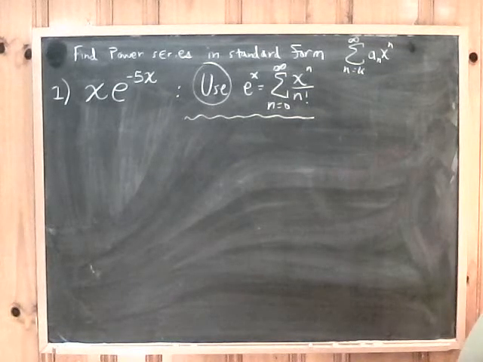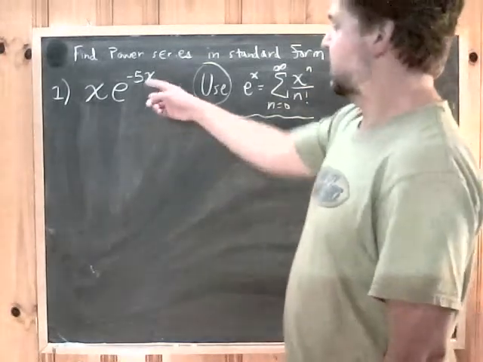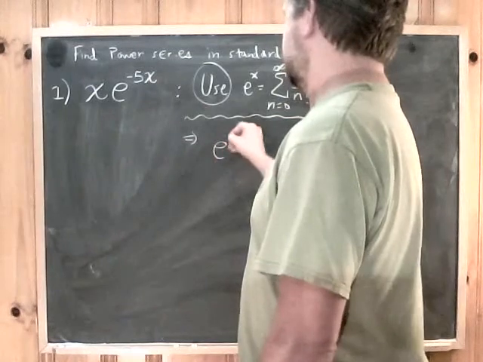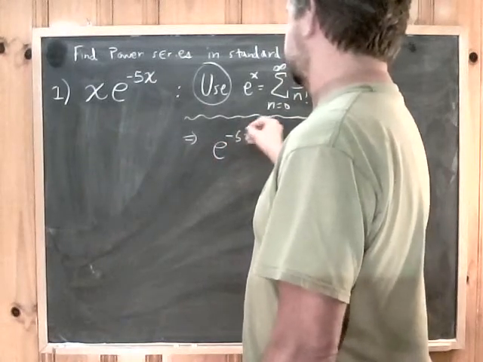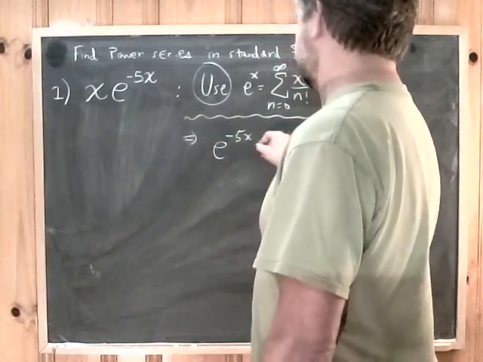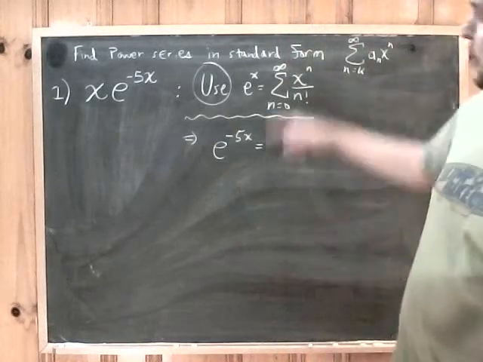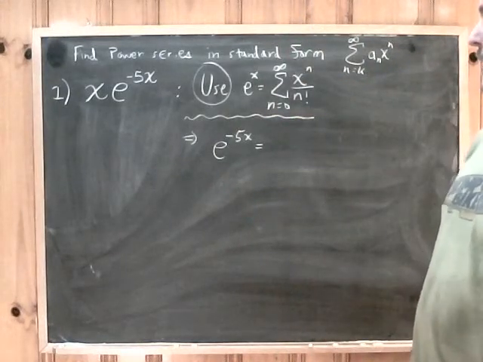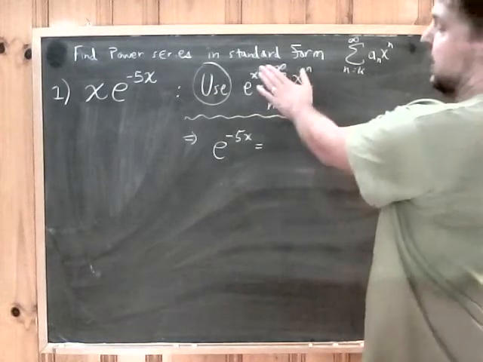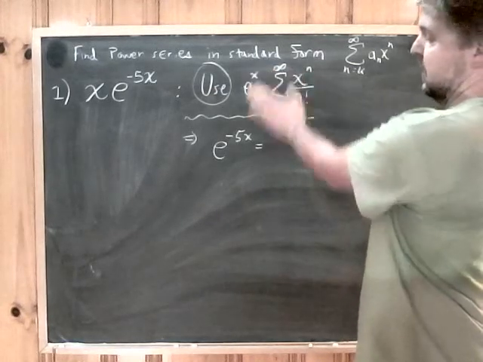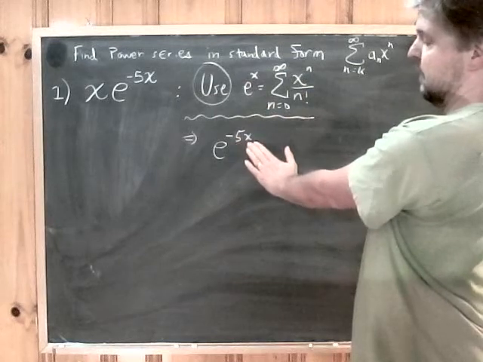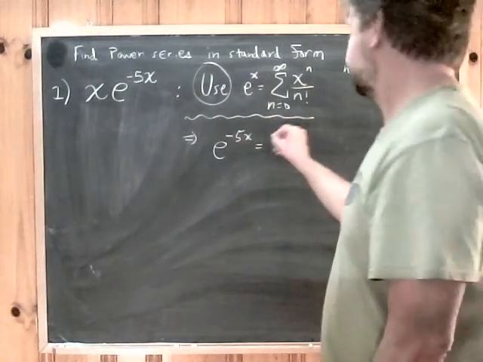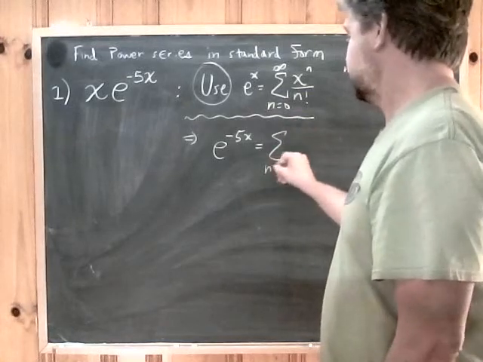So on this one, the first thing I'll do is substitute, because I have e to the negative 5x. So right away, I can say e to the negative 5x is equal to, and I put in a negative 5x instead of x. So you have to think about blanking out the x that's there originally and replacing it entirely with negative 5x. That means I have to do the same thing to the x inside for it to be true.